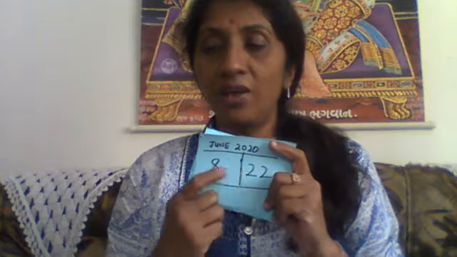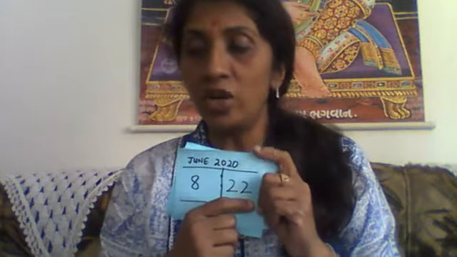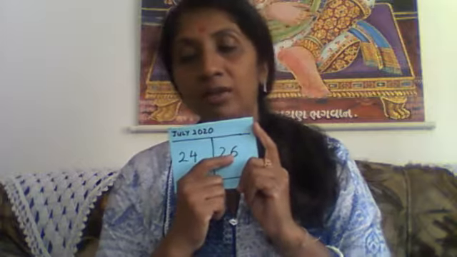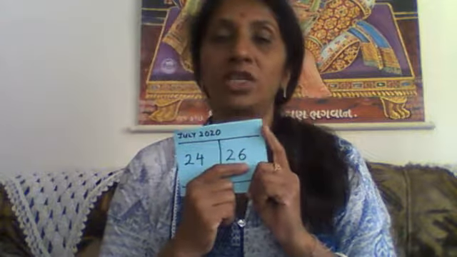June 8th will read Jyesht Krishna Tritiya. 22nd will read Ashad Shukla Pratipad. 30th July will read Shravan Shukla Ekadashi. 31st will read Shravan Shukla Dwadashi. 24th will read Shravan Shukla Chaturthi. 26th will read Shravan Shukla Shashti.